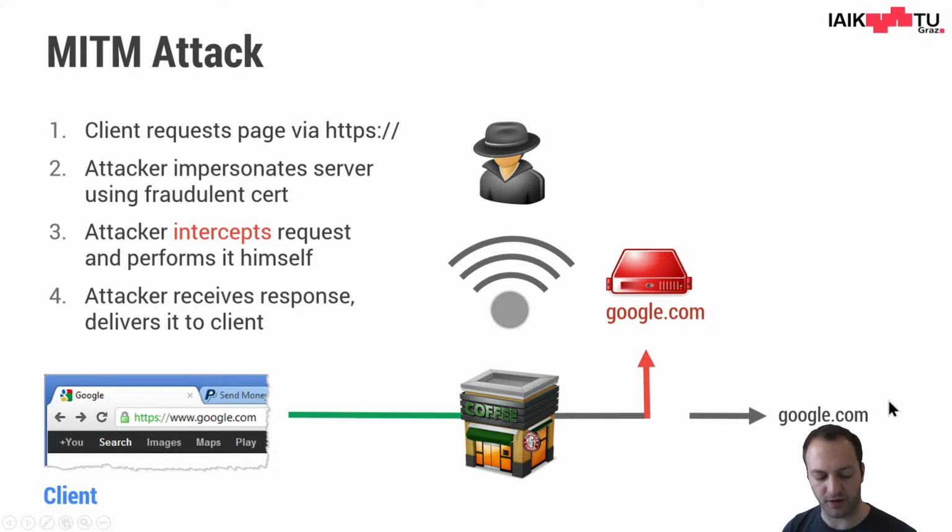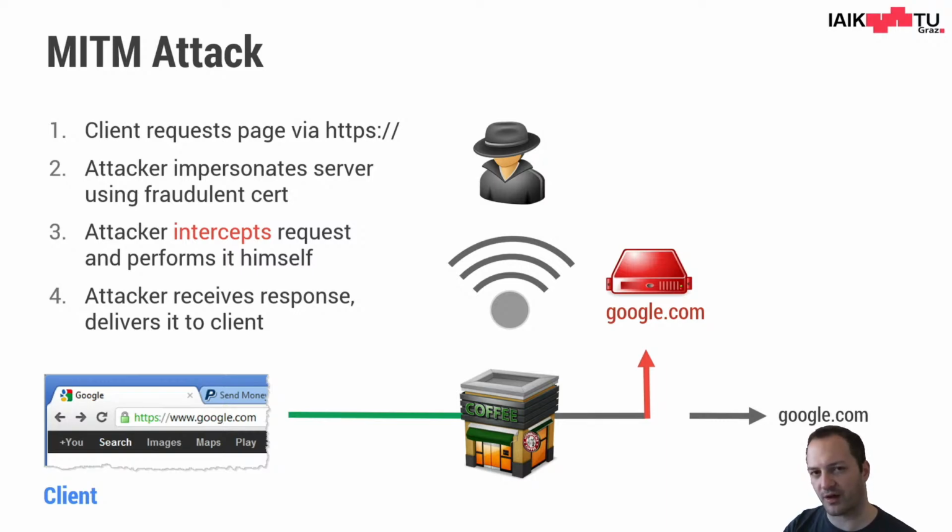And how does it work? Well, the client, as it would be secure, as it would be important, just requests a page via HTTPS. The attacker then just copies all the attributes in the original certificate and presents a fake certificate to the browser and pretends that this is legitimate and hopes that the client will accept it.